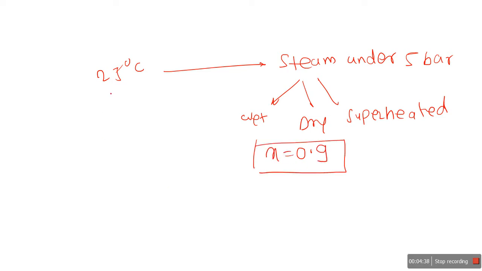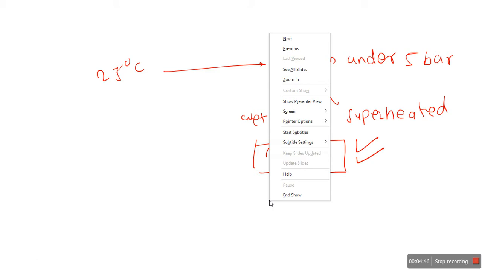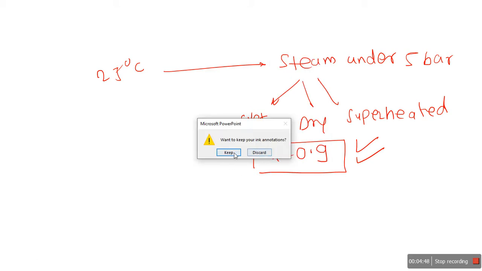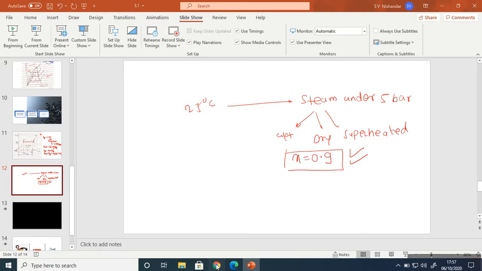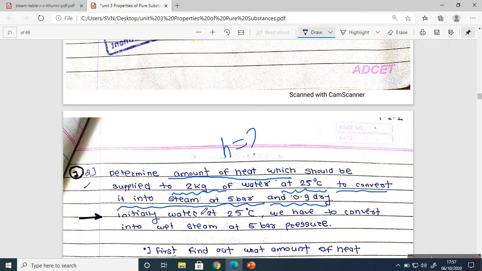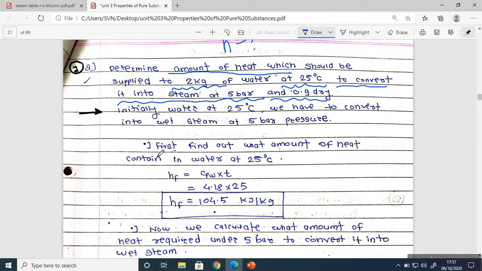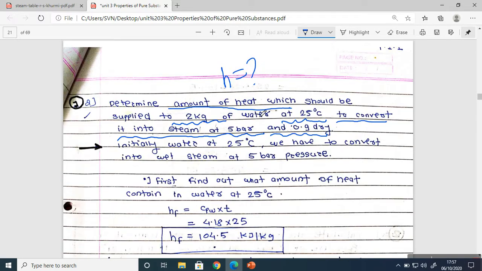So the 25 degrees Celsius water is converted into wet steam, because they have given a dryness fraction of 0.9. To convert into steam at 5 bar and 0.9 dry indicates wet steam.